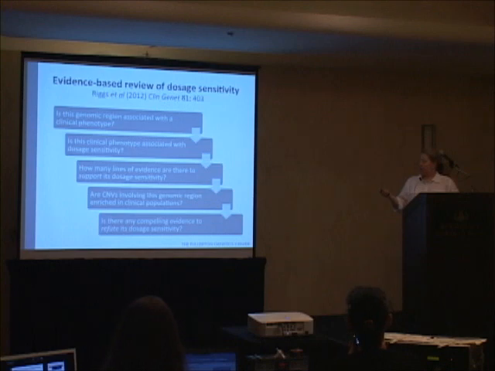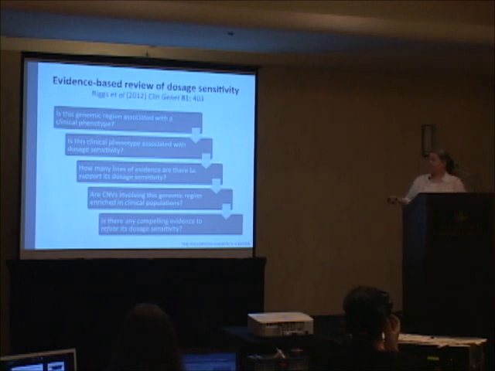But the process involved is: is the genomic region or gene associated with a clinical phenotype? If yes, and this is really important, a lot of people miss this step, is this phenotype associated with dosage sensitivity? So an autosomal dominant gene might be due to gain of function, and you have to be very careful when you're looking at a CNV loss that you're looking at the right mutational mechanism to be relevant for the syndrome in question.